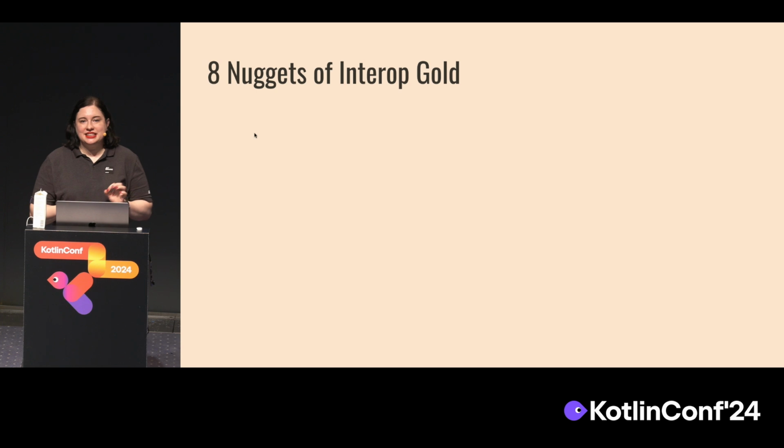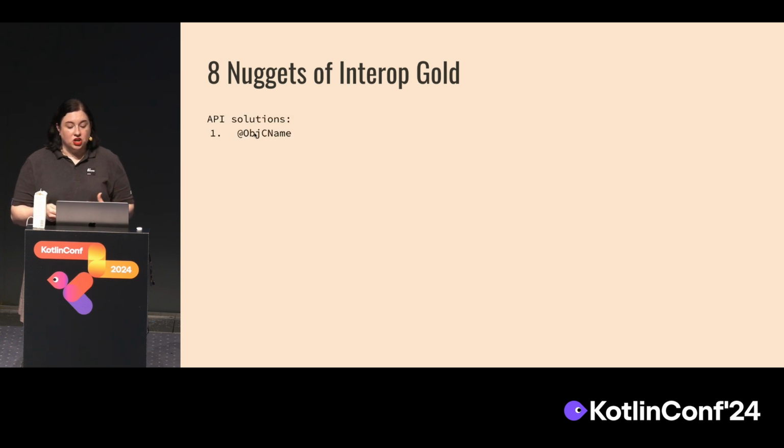Let's look at those eight little nuggets of interop gold. I know that's partly why you're here, and partly because of the Swift export, but let's get into those nuggets next. There are four API solutions that have been created to improve our Swift APIs. Those are ObjC Name, ShouldRefineInSwift, HiddenFromObjC, and KDoc.